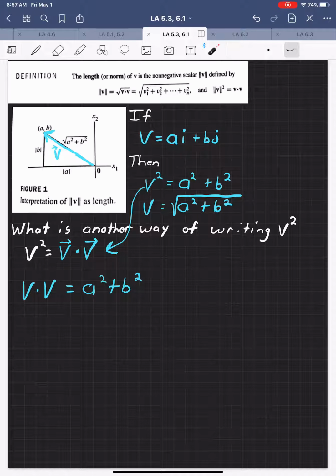And it also makes sense as to why we can say the magnitude squared is equal to the dot product. So again, old ideas, just trying to shed some light on them.